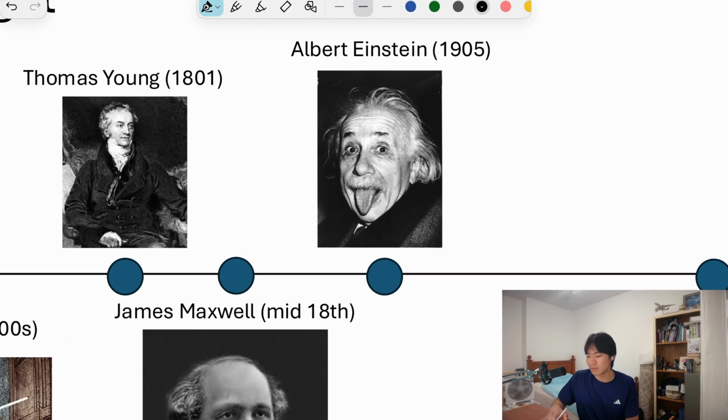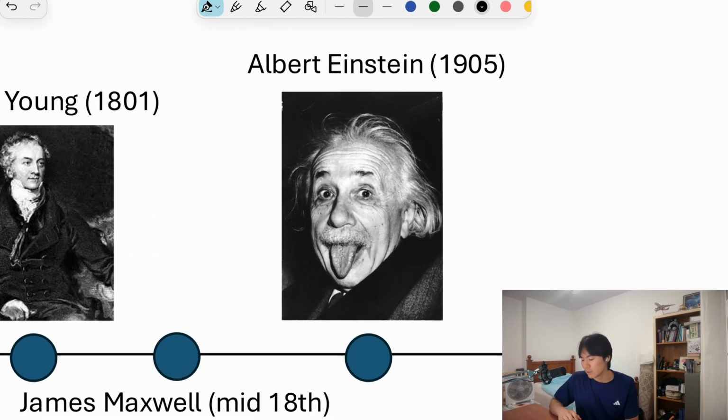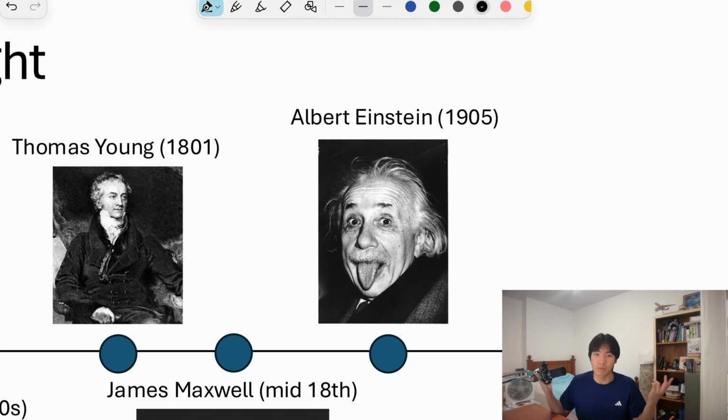And then here comes Einstein in 1905, who says that light also has, to put it more precisely, a particle property. This is his famous photoelectric effect, which we will also study. You don't need to know what that means, but using that experiment, he proved that light had particle-like properties, as Newton stated.